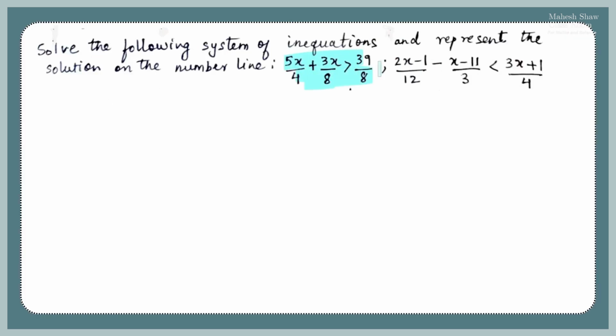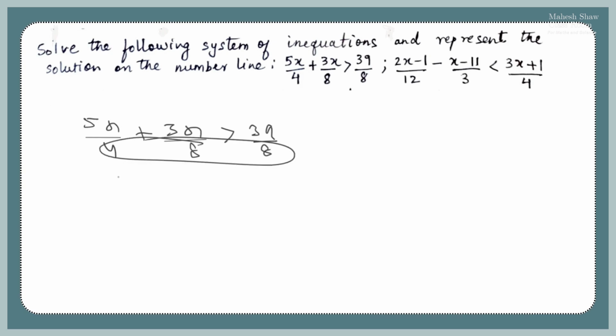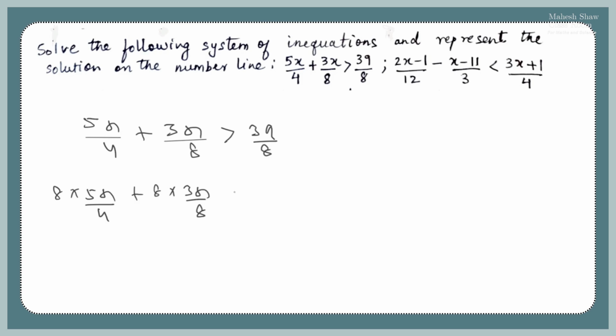Now two more parts over here where we have to solve the following system of inequalities and then represent them on the number line. So in the first part we have to solve for x. First we are going to take the LCM of the denominators, which is 8 in this case, and we'll be multiplying each term by 8. So this is 8 multiplied by 5x over 4 plus 8 multiplied by 3x over 8, and this is 8 multiplied by 39 over 8.